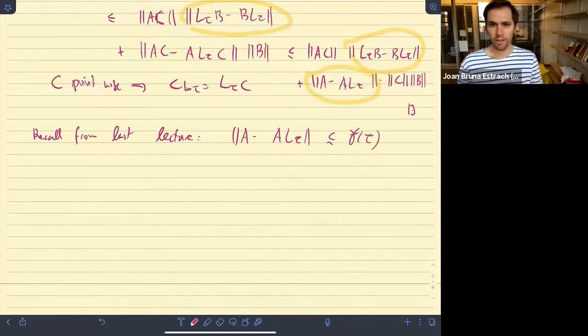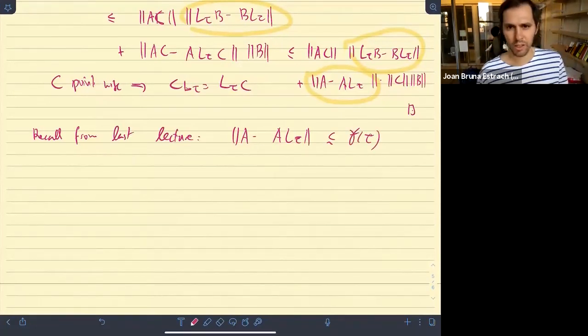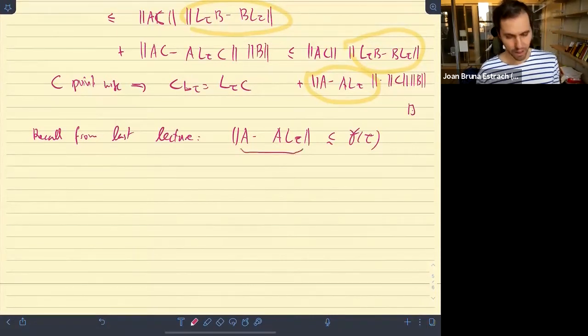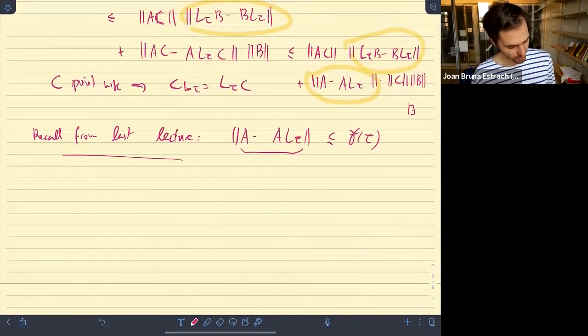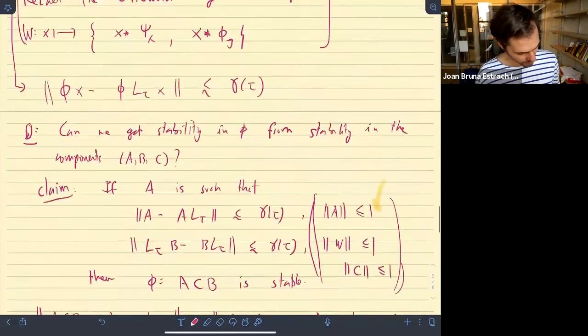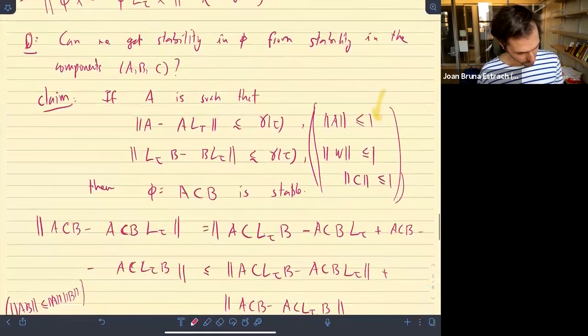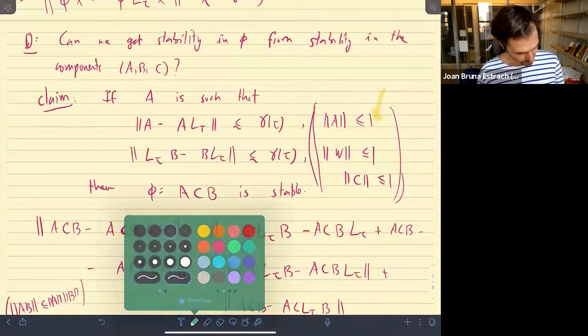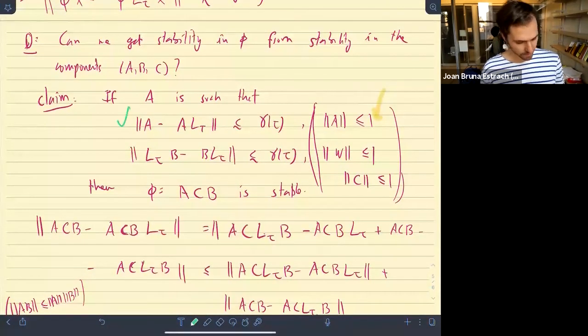Remember that's what we showed, that we look at, as an exercise, computing the kernel of this operator and using the Schur lemma to bound the spectral norm of this operator. So we saw it from last lecture. So we have one of the terms. In this kind of wish list, this one is check.